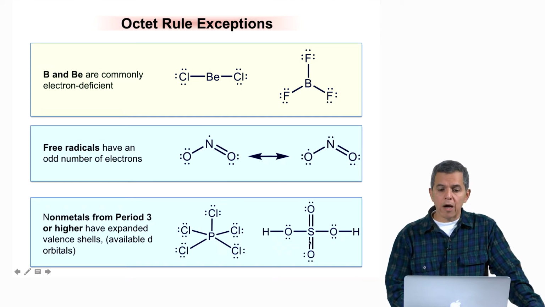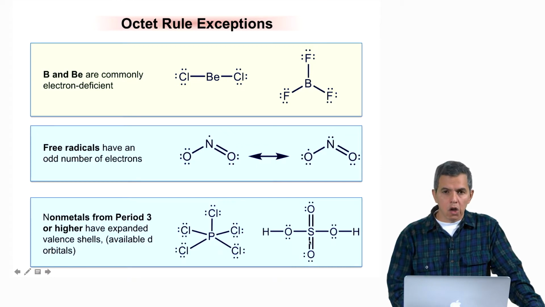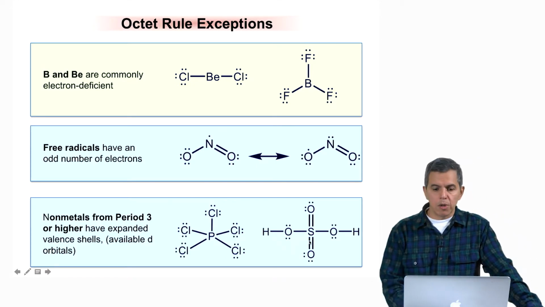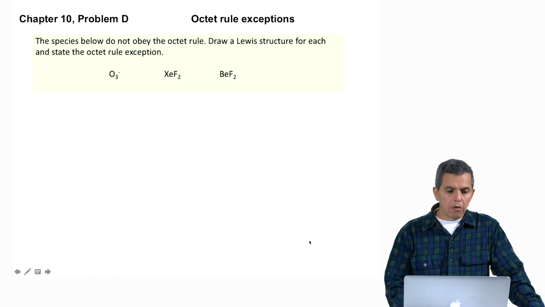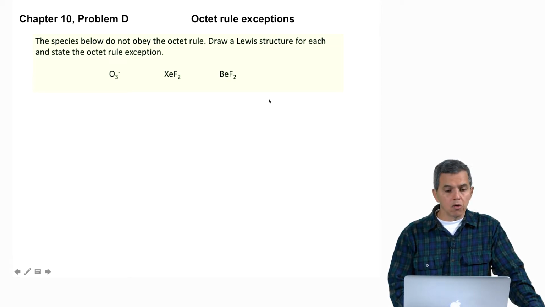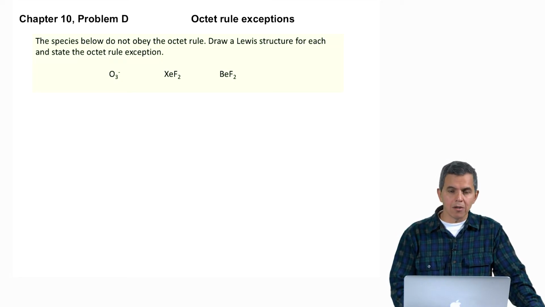So now, with this background, let's move on to solve a problem in which this concept needs to be applied. The problem reads, there are 3 species below, and they do not obey the octet rule. Draw a Lewis structure for each of these structures and state the octet rule exception. So take a few minutes to think about this problem, propose a solution, work the solution, and after that let's compare our answers.